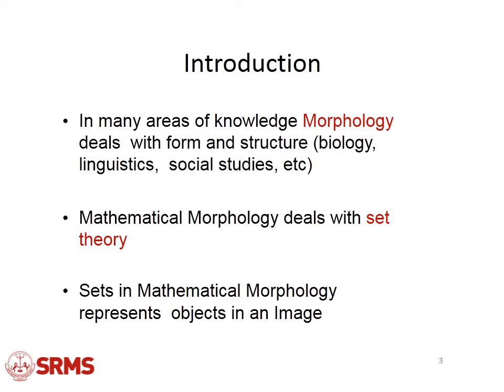Now, the introduction. For many years, morphology has dealt with form and structure in biology, linguistics, social studies, etc. In biology, we can extend to the medical field, in order to find the DNA and RNA structure of blood cells, or any animal cell, which is captured at a very fine level, and it can represent different kinds of cells for the study of biology and biotechnology as well.